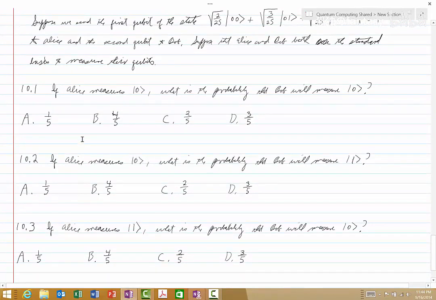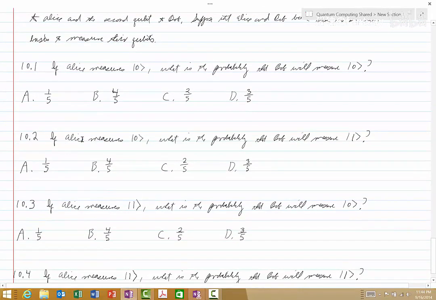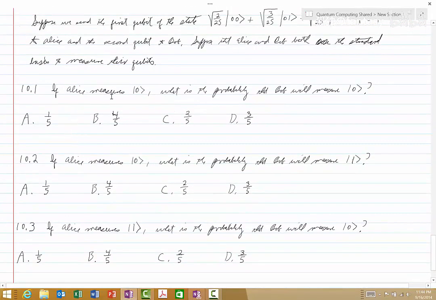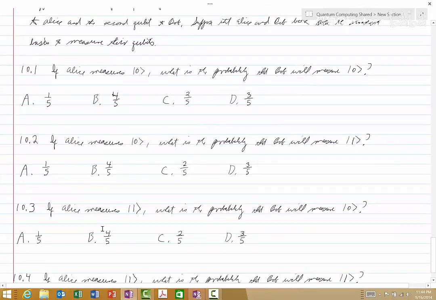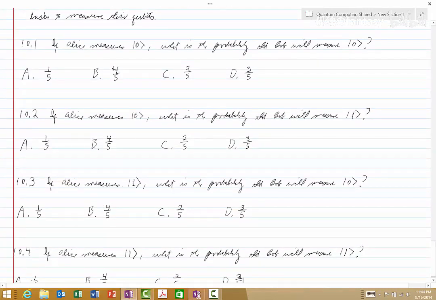Now, having said that, we have 4 questions. If Alice measures the first qubit as 0, what is the probability that Bob will measure the second qubit as 0? The second question, if Alice measures the first qubit as 0, what is the probability that Bob will measure the second qubit as 1? If Alice measures the first qubit as 1, what is the probability that Bob will measure the second qubit as 0?